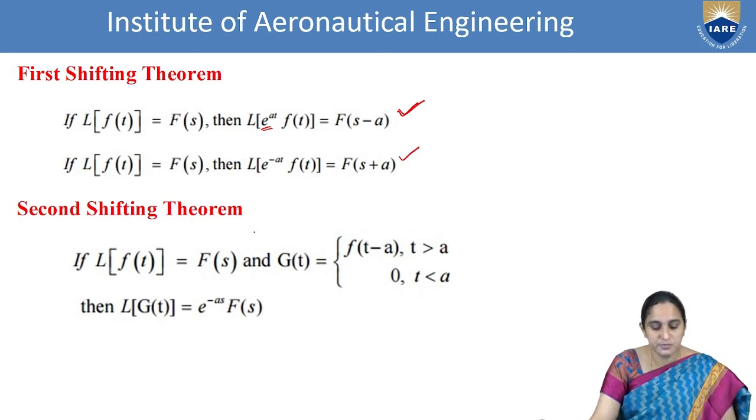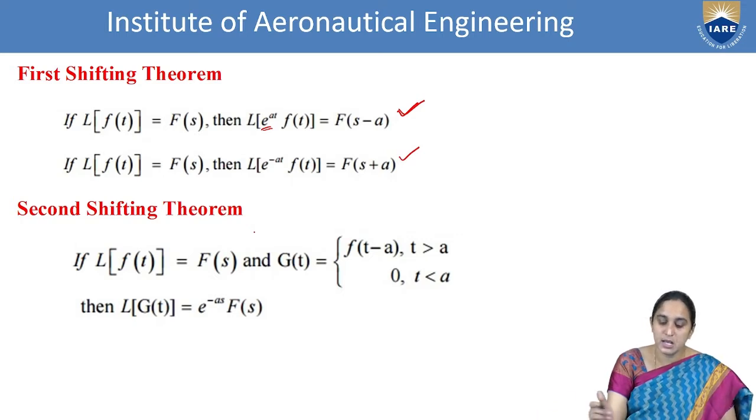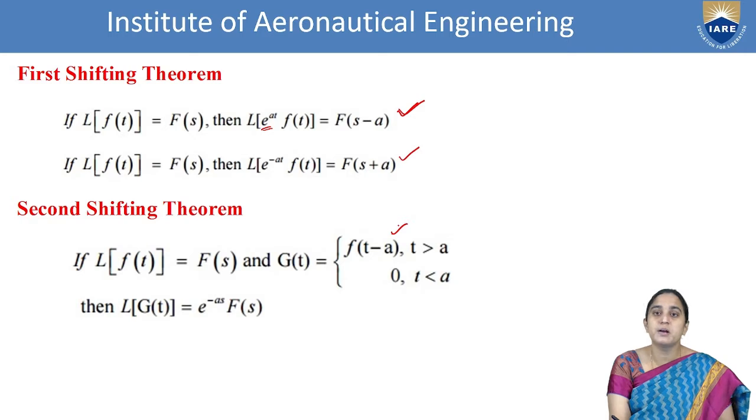Next, second shifting theorem. If Laplace of f of t is equal to F of s and g of t is equal to, what is g of t here? Here the function is divided: if t greater than a, for that case the function is f of t minus a, and if t less than a, for that case the function is 0.